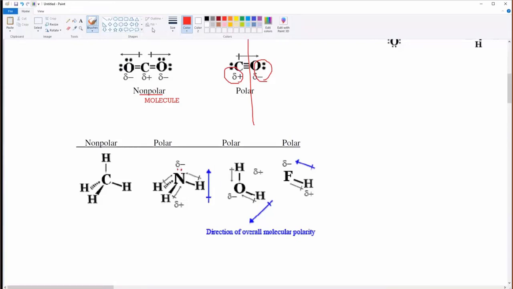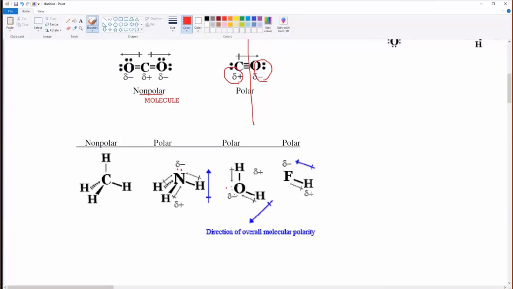So I don't necessarily have to show these dots when really what I'm trying to do is show the polarity, but that might help you understand why this one is bent and this one has this pyramidal structure and this one's just linear. So the FH bond is polar. You see the bond polarity shown in black, and the overall molecular polarity mimics that because there's no other atoms there. So the overall molecular polarity is in blue.